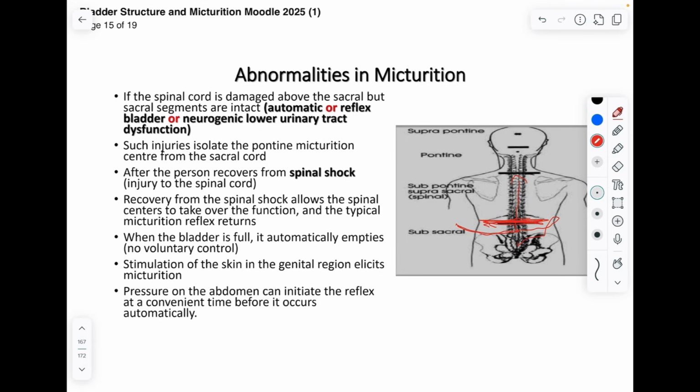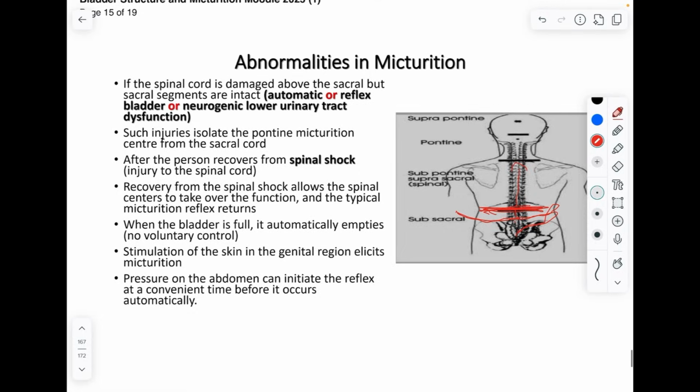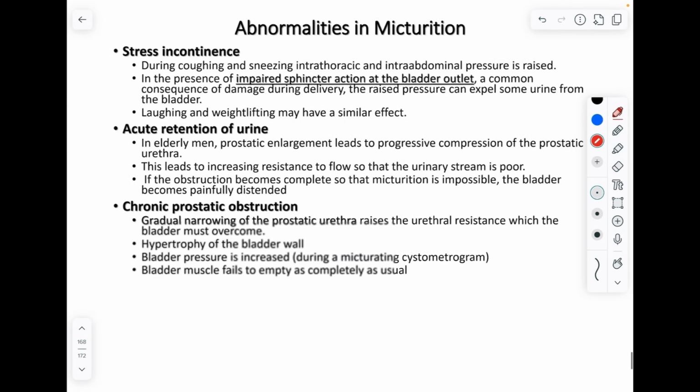If it's cut here, this will happen, but the part going to the brain is not happening. It's cut. So they will be just like babies, okay? They can urinate by themselves. If someone had an injury that cut the spinal cord from this part, it's functioning, but it's not connected to the upper part of the higher control, I would say.